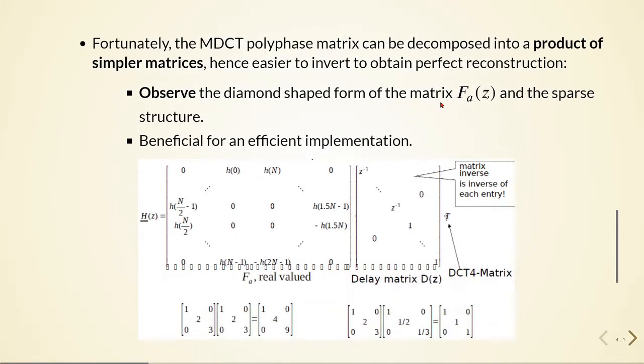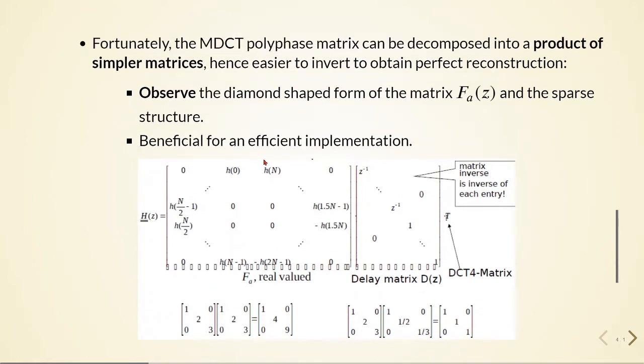Fortunately, the MDCT polyphase matrix can be decomposed into a product of simpler matrices, hence easier to invert to obtain perfect reconstruction. So let's now observe the matrix FA and its sparse structure. So we have here this FA matrix, it's real valued, and we observe this diamond shaped form, and it's beneficial for an efficient implementation.